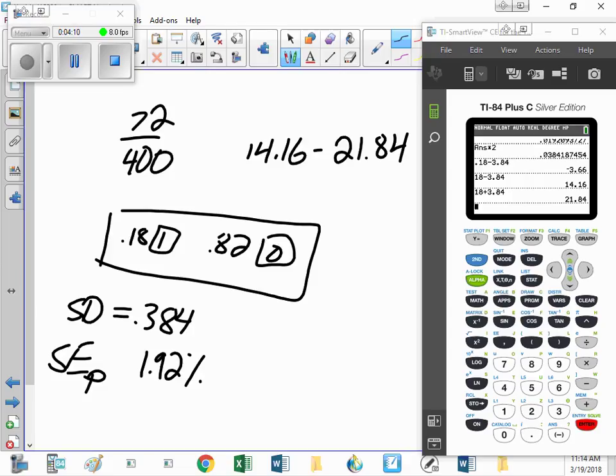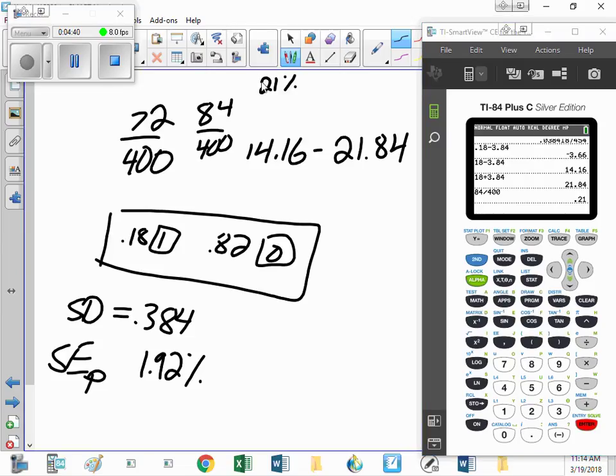Okay. So it then asks, repeat for the other two people. Right, well, let's do all three and then see which ones make it and which ones don't. So the next one was 84 over 400. So 84 divided by 400 gives me 21%.